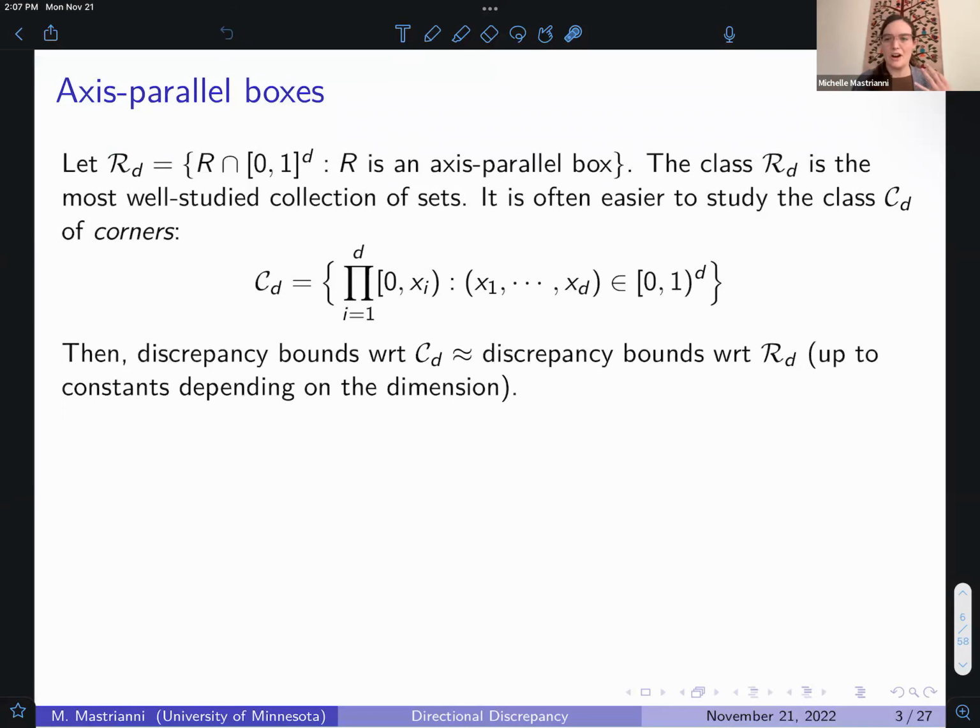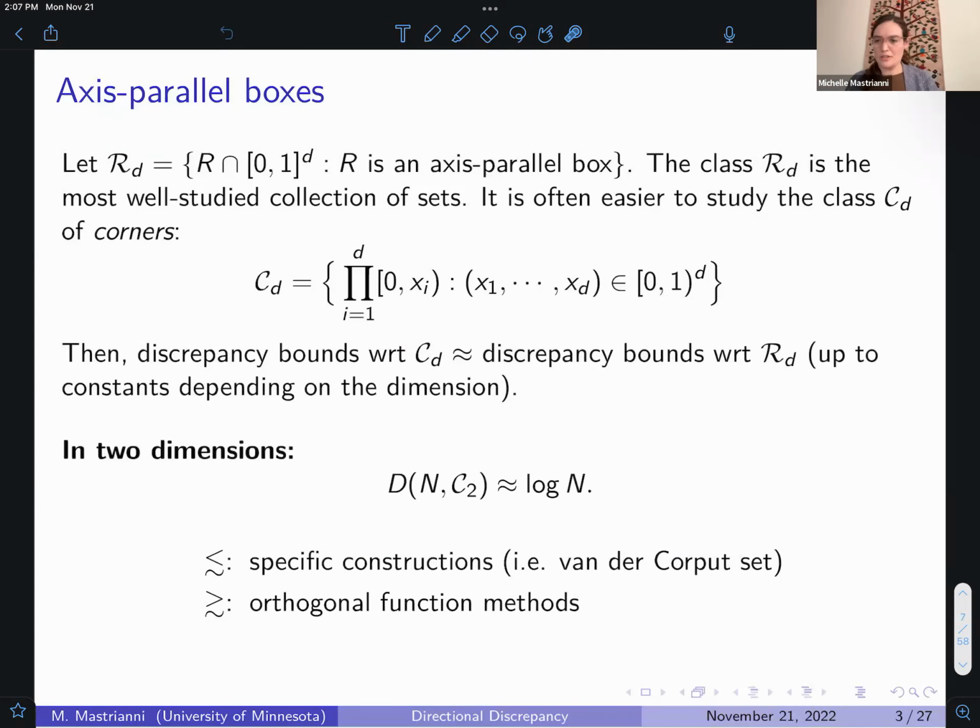And if you don't care about the constant which depends on the dimension, discrepancy bounds with respect to corners are roughly of the same order in terms of n as discrepancy bounds with respect to axis parallel boxes. So if you're only interested in asymptotics in n, this is sometimes an easier class to work with.